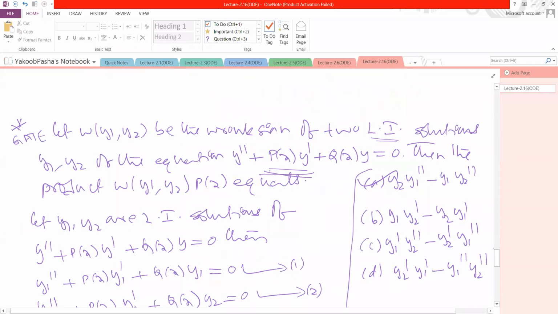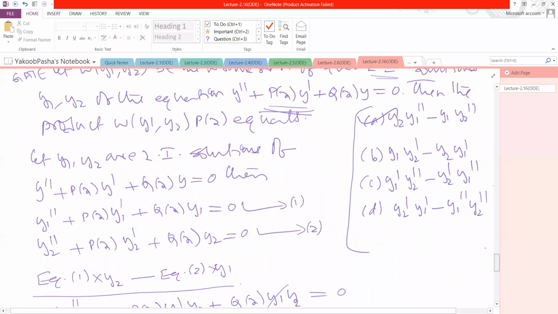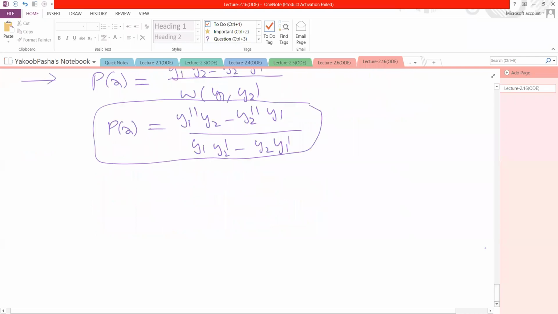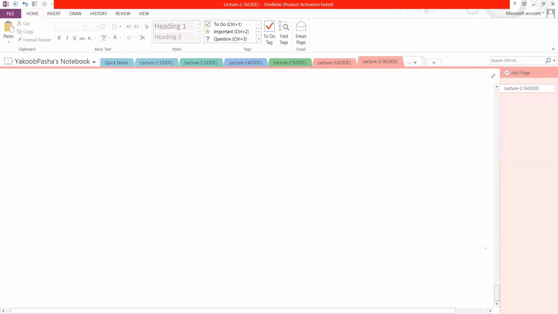Okay, these are the concepts of Wronskian of functions. Now I am taking some problems related to Wronskian. First I am taking simple problems. First I am taking one GL problem.